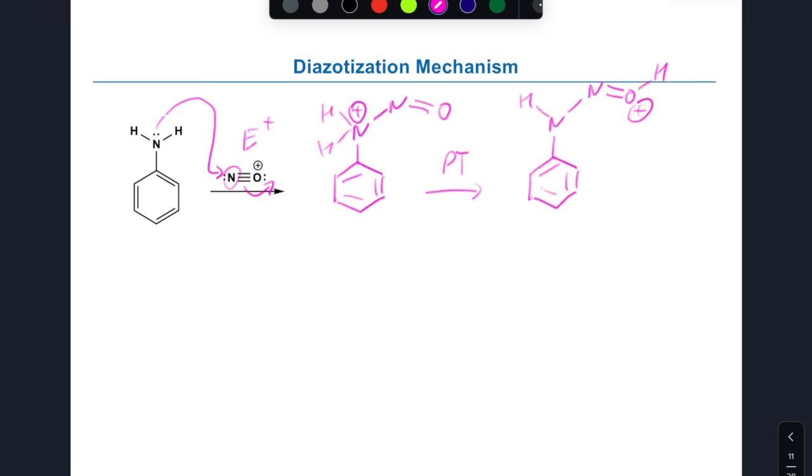And then after this formation, you can imagine that we could draw this as a tautomer.